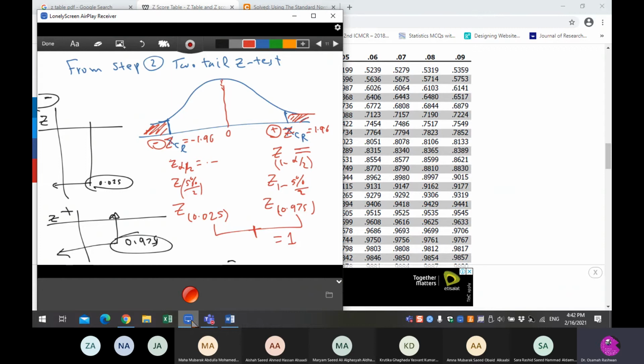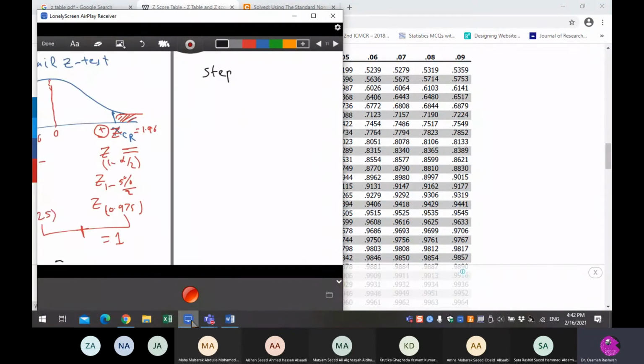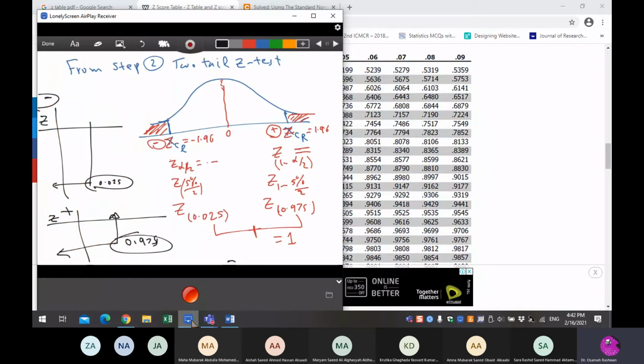So I have the two critical values now, minus 1.96 and plus 1.96. Remember these values. This is step 3.